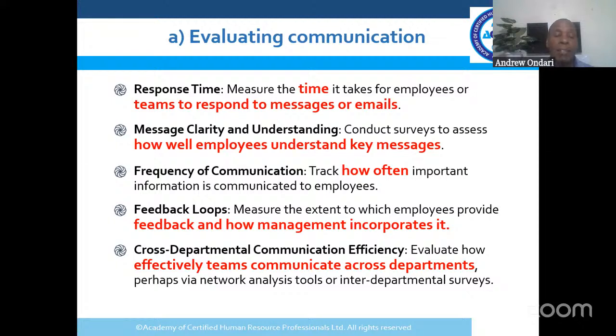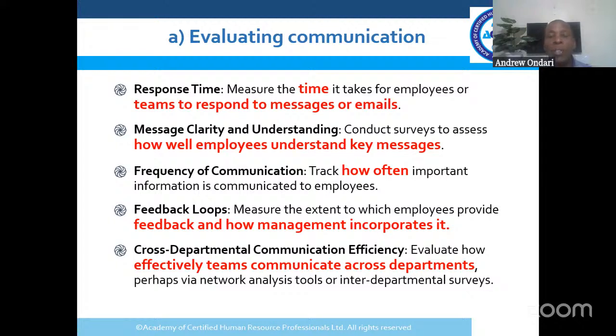Then number 5, rather, is cross-departmental communications. There is a lot that we share among other departments in our organizations, especially when it comes to the human resource function.